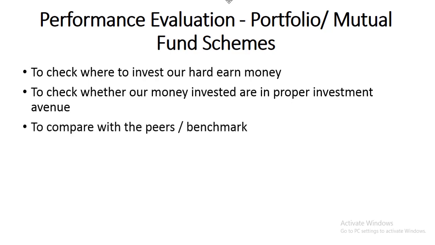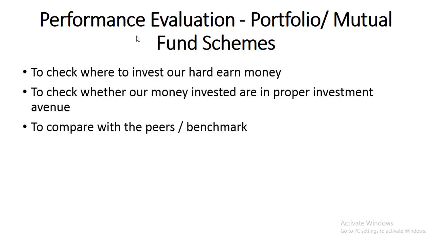we compare with peers and benchmark. For the mutual fund in which we are investing, when we do the performance evaluation, we will compare with other mutual funds, or we will compare with its benchmark. Like, if it is a CNX 100 mutual fund, that means all the money of this mutual fund will be invested in CNX 100.